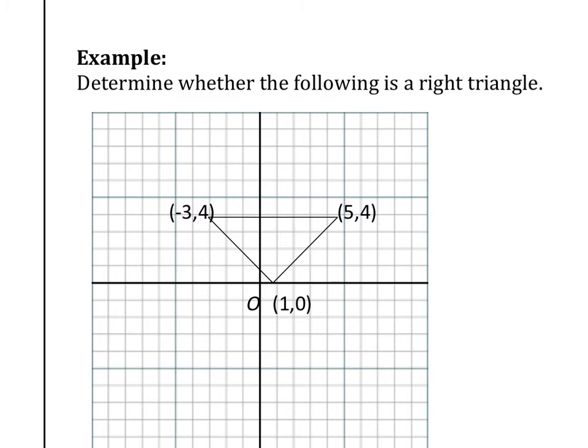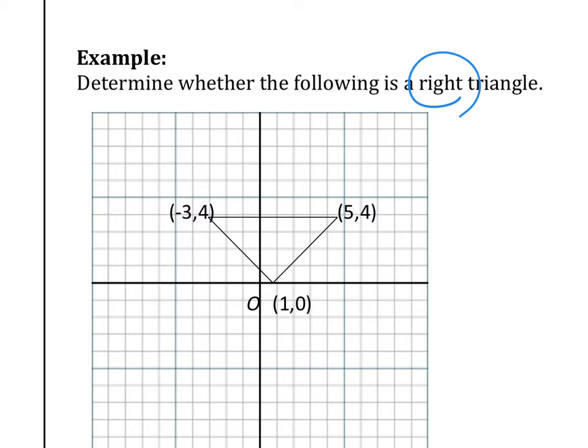Okay, so really quickly, let's try to see if we can figure out if this is a right triangle. So what would you need to do to figure out if this is a right triangle? Well, right triangle means that there's a right angle in there somewhere, right? So there are a few things you can do to figure out if something is a right triangle or not.